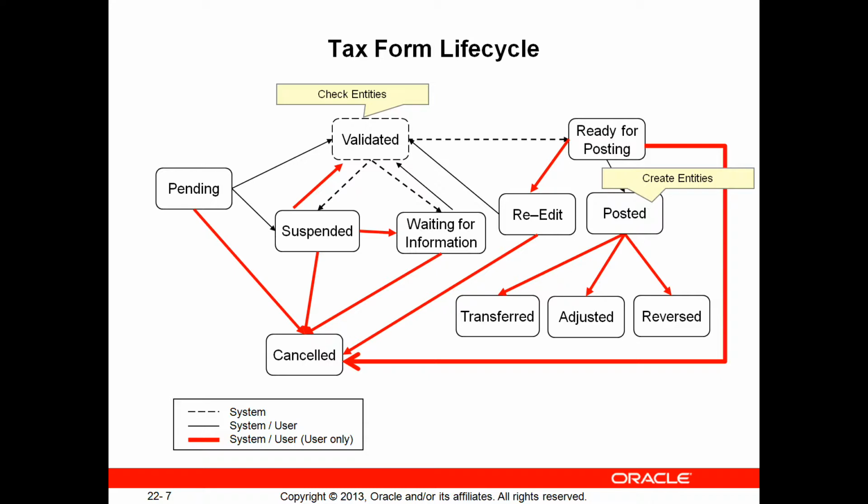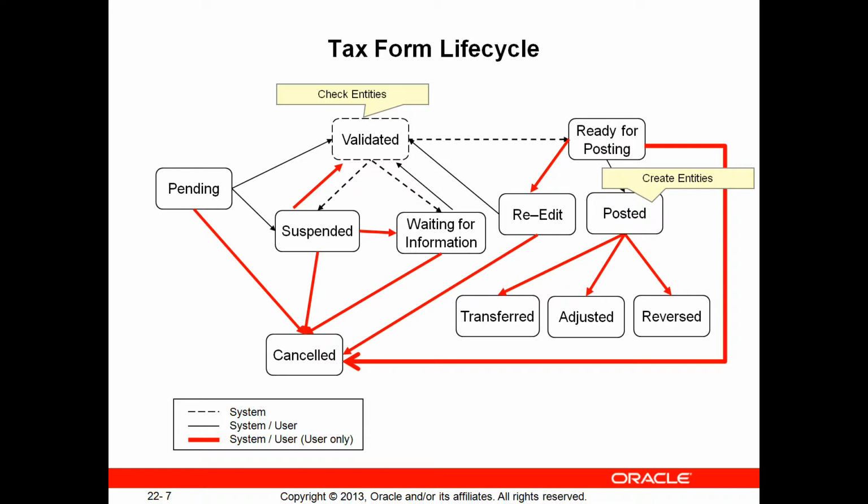And if everything works correctly and there are no errors, then the form will move to the ready for posting state. If there is an error, anything that the validation step finds, then it will generally be placed in the suspended state. Sometimes it could also be waiting for information, depending on how you set up the system.